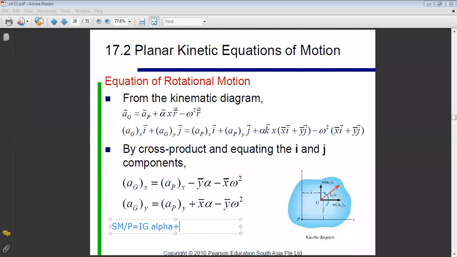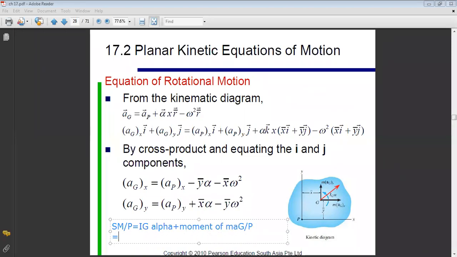Plus, what also? I should consider the moment of my force vector about P. And my resultant force vector is equal to MAG. So plus the moment of vector MAG about P. How to find the moment of vector MAG about P from this figure?